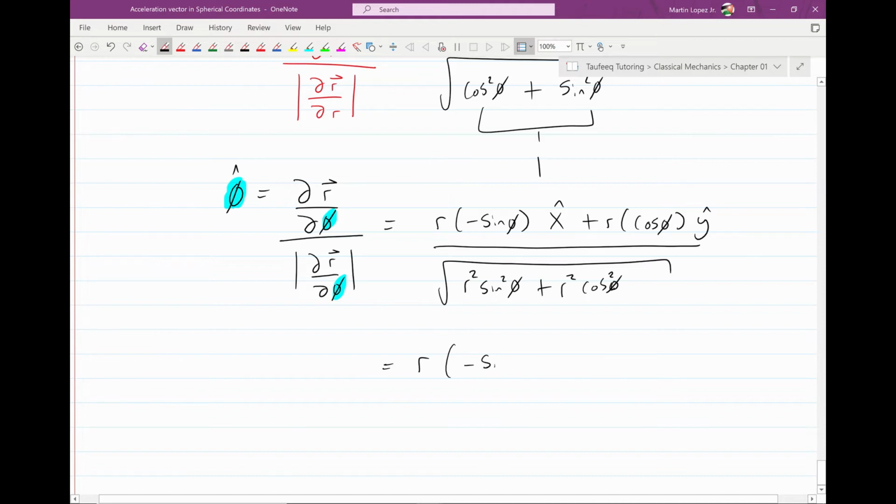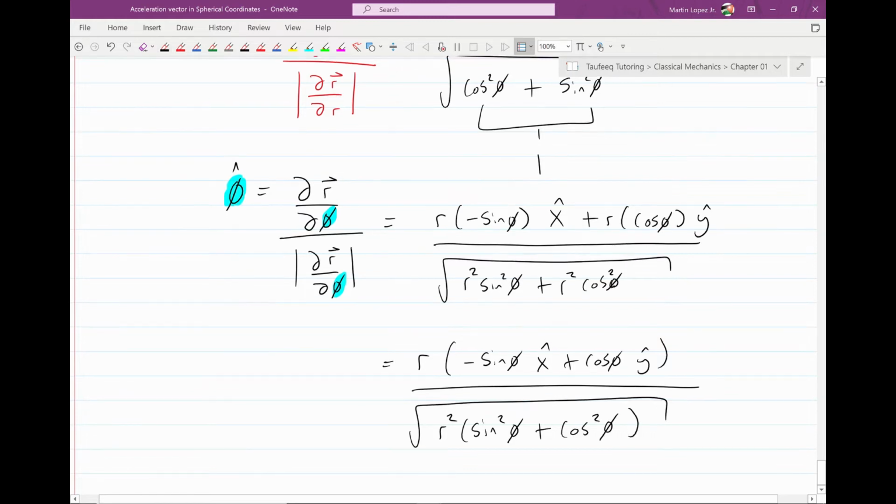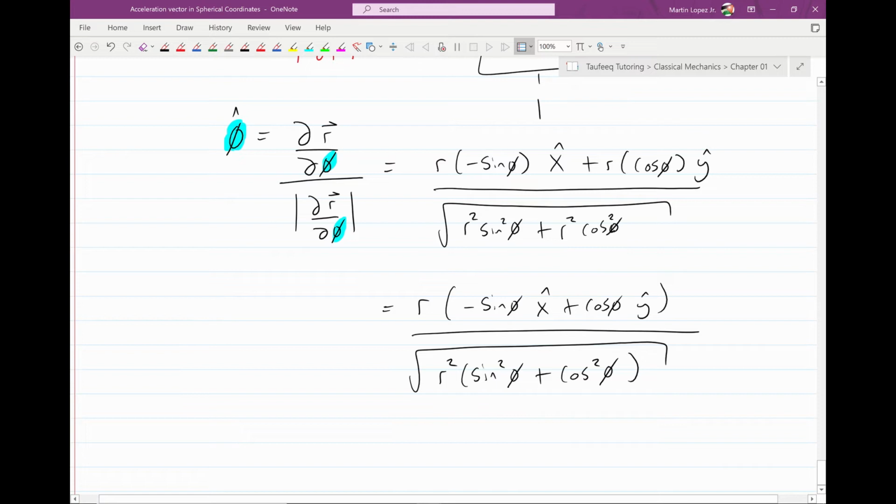This is going to be negative sine phi x hat plus cosine phi y hat over the square root of r squared times sine squared phi plus cosine squared phi.